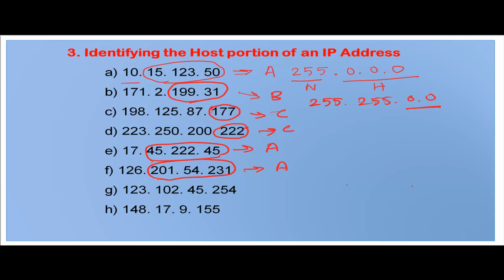Then 123, also class A, so the last three octets are our host part. Then 148 is a class B IP address, so the last two octets are going to be our host part.